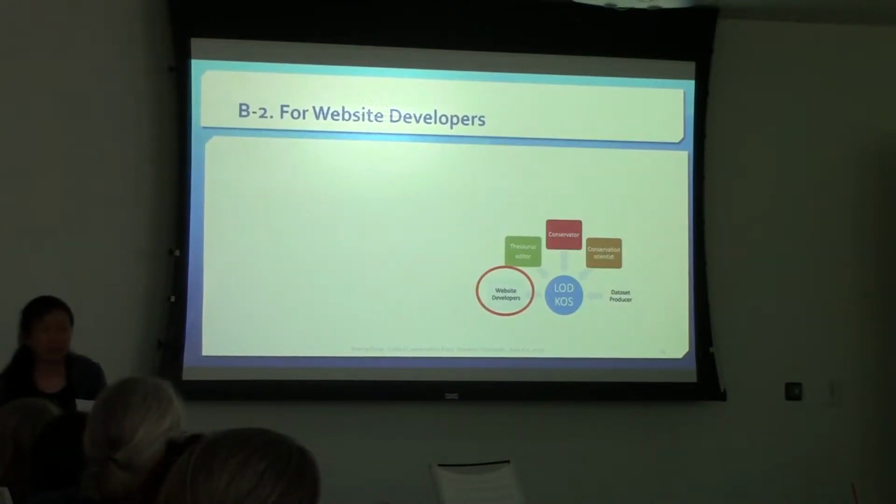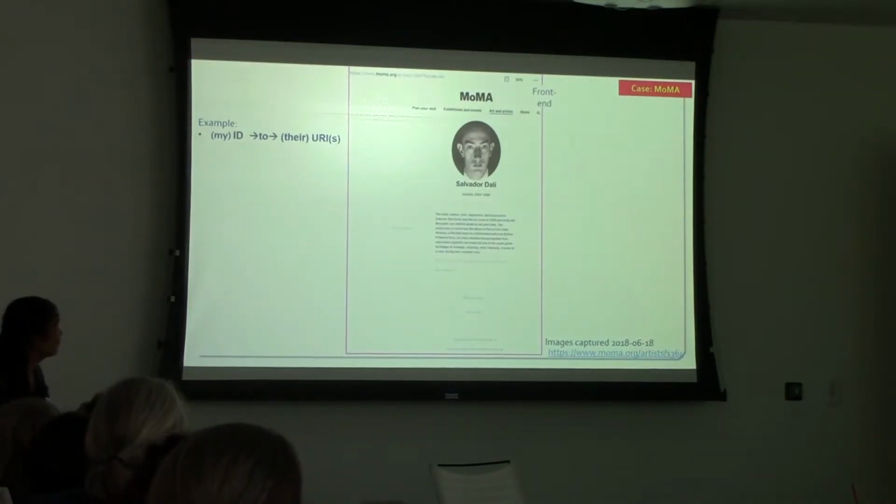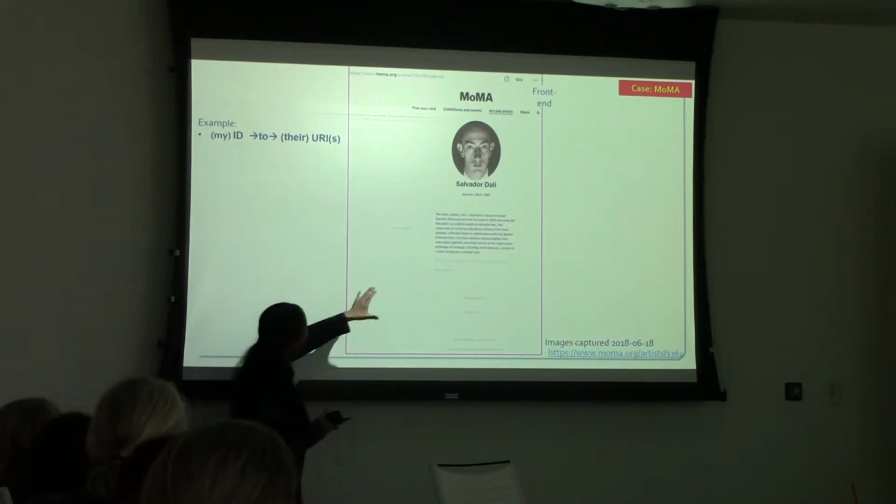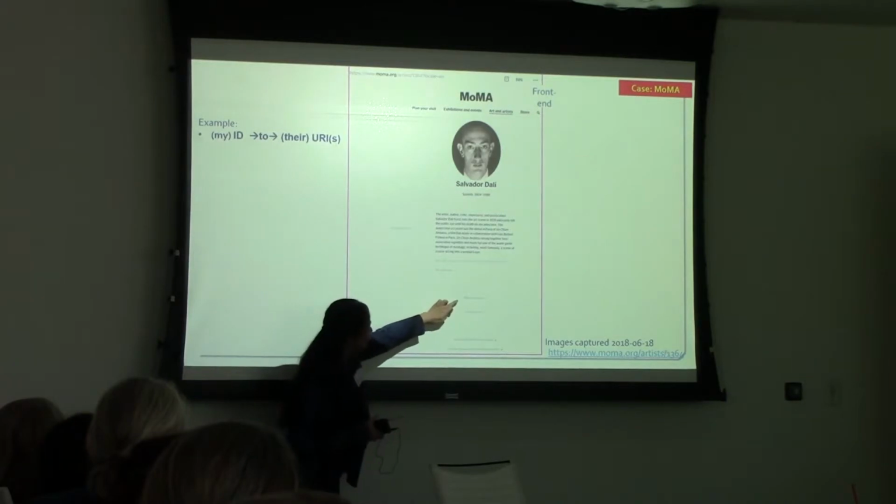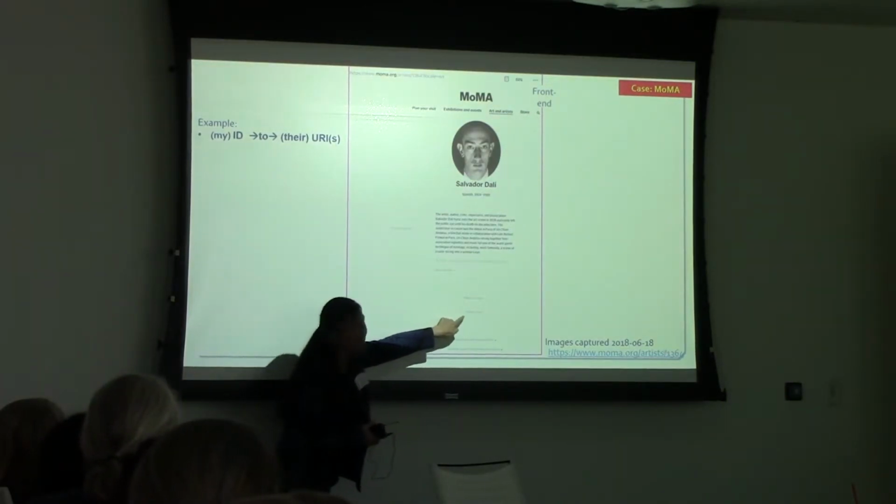But for websites, I have a few examples. For example, we have MoMA from San Francisco. You see the MoMA in New York. Each of them has a website, and here you can see the Wikipedia entry, and here you see the Getty record.